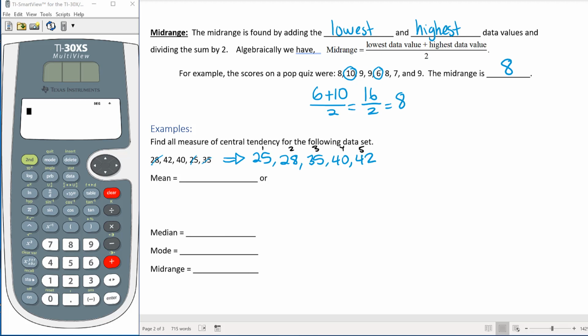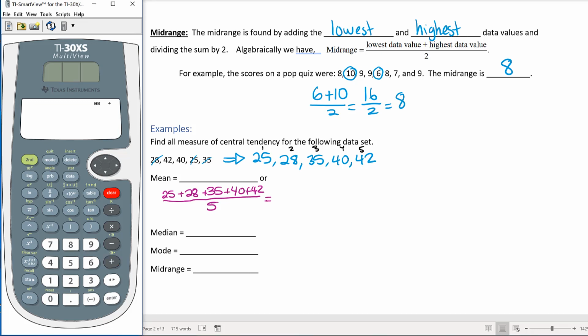For the mean, I'm going to add them all up and divide by the total number there is. So we have 25 plus 28 plus 35 plus 40 plus 42, divided by 5, because there are 5 data points.